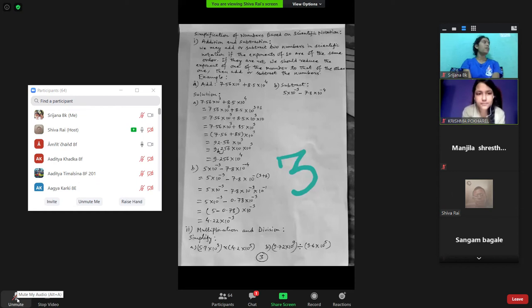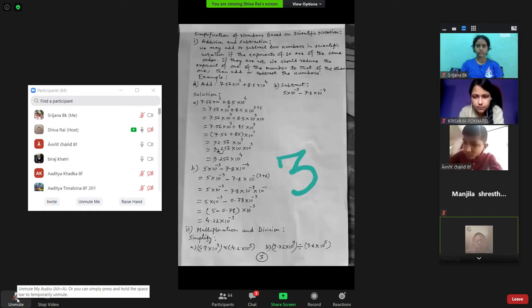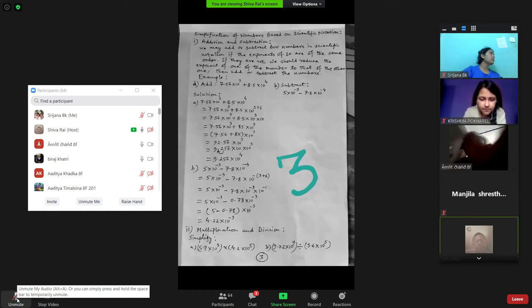Okay, look here. What I was explaining, 92.56 we can write as 9.256 into 10. Again, 9.256 and 10, if you multiply you will get 92.56. But this is the step to change into the scientific notation, because the value of A should not be greater than 10. It must be less than 10.